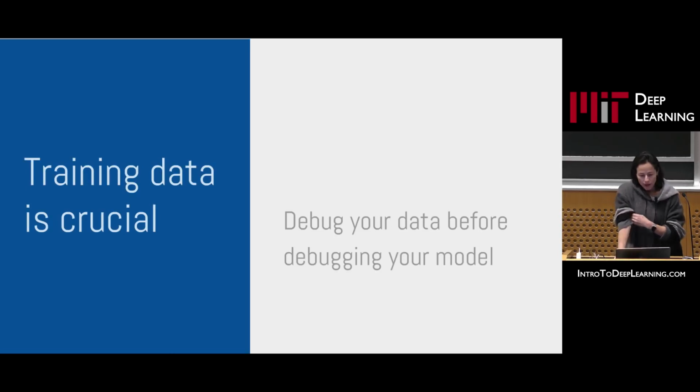All right, so the first thing, let's start at the beginning with the data, right? Why might you want to visualize your training data, and what's special about your training data?